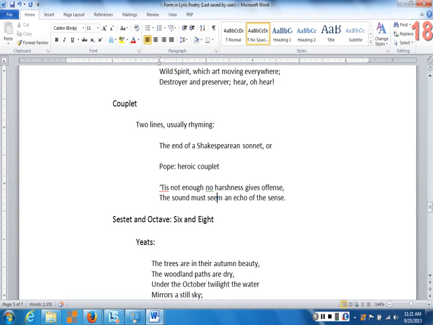But the heroic couplet then is rhymed iambic pentameter. That is iambic pentameter in rhyming couplets. "'Tis not enough, no harshness gives offense. The sound must seem an echo of the sense." Hear that iambic pentameter. Iambs alternating unstressed and stressed. And when you've got 5 iambs, you've got iambic pentameter.